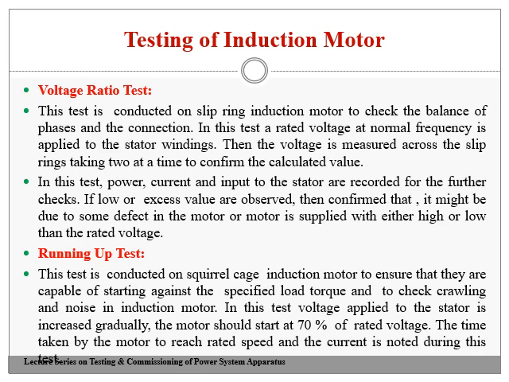Then only we say that the voltage ratio test is perfect, or the manufacturing or assembling of the rotor winding is perfect. That is, I give the input voltage to the stator winding, then I measure the voltage for which that slip ring or induction motor is designed, by measuring the line voltage across two slip rings or the phase voltage, depending upon the way in which the rotor windings are connected.